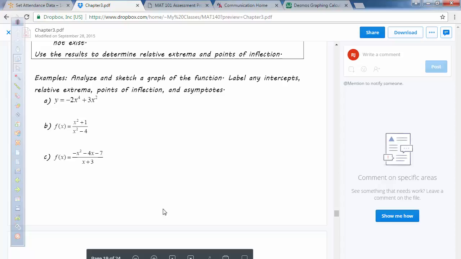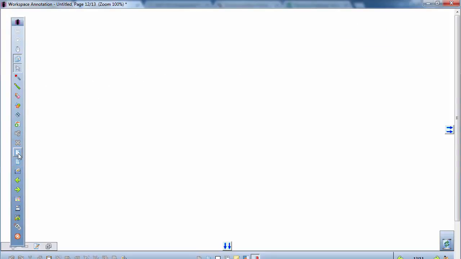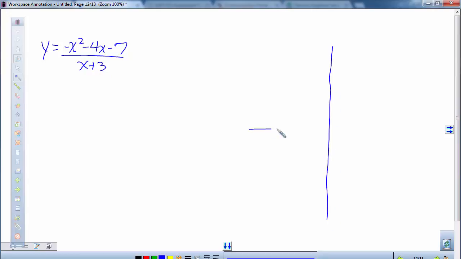I don't know why I can't capture it. Okay, minus x squared minus 4x minus 7. All right, that's worth at least a point.